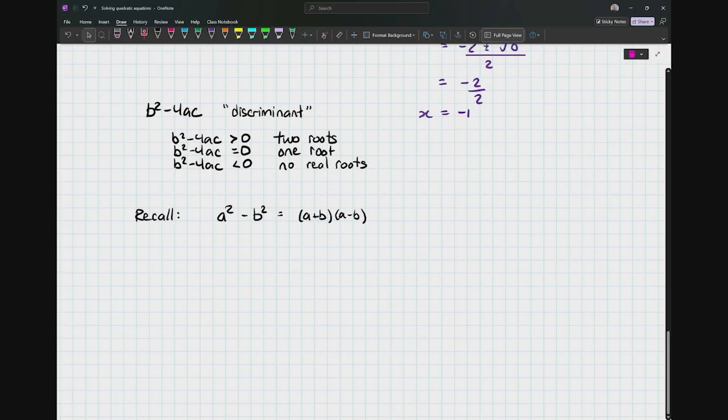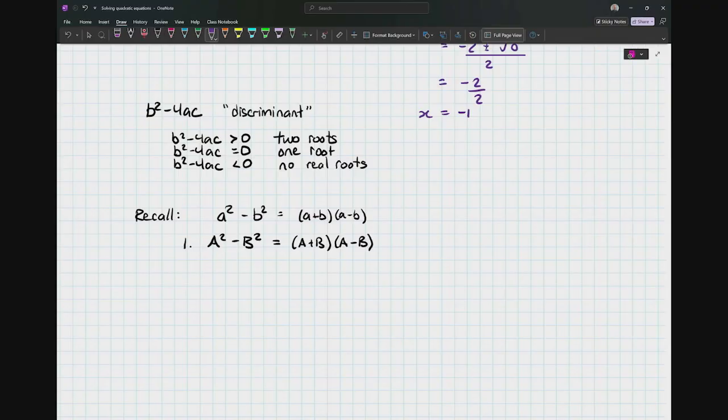We can use that in a little bit more powerful form, where instead of a and b just being numbers, I'll just replace those with some capital letters to represent full expressions. That can be very useful for solving some quadratic equations like x squared minus 16 equals 0. So seeing that this is in fact a difference of squares, we can go ahead and factor it right away into an x plus 4 and an x minus 4.